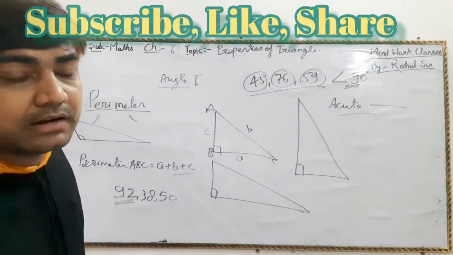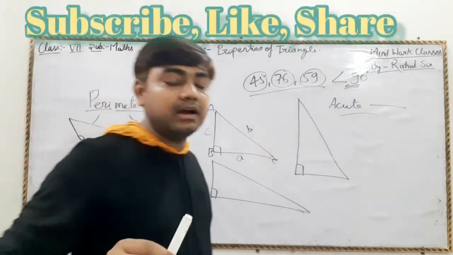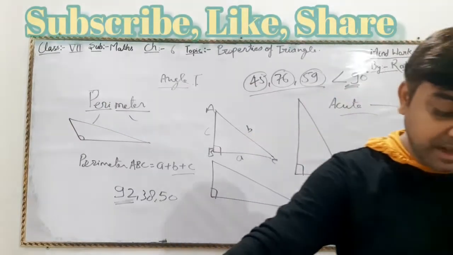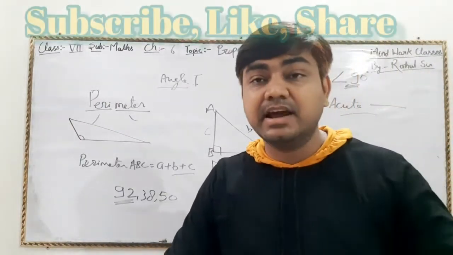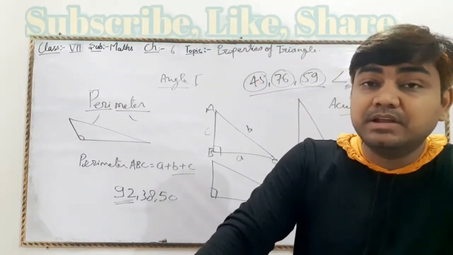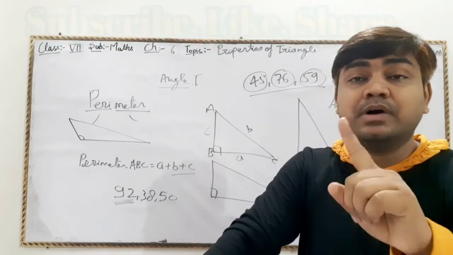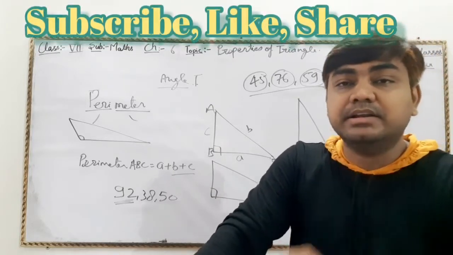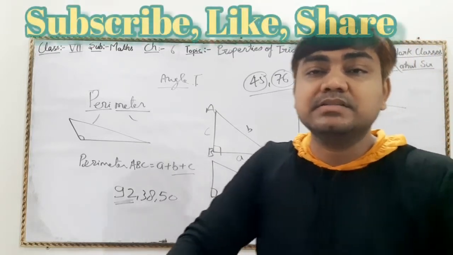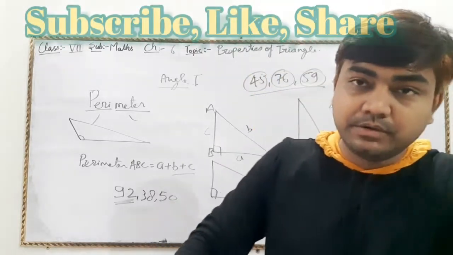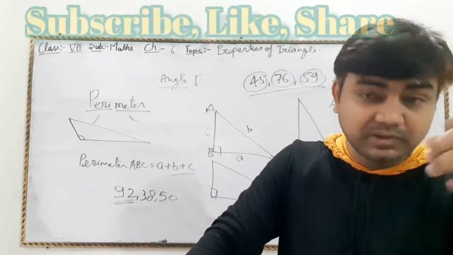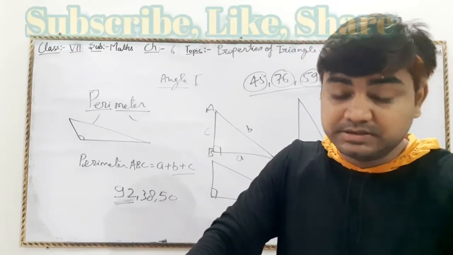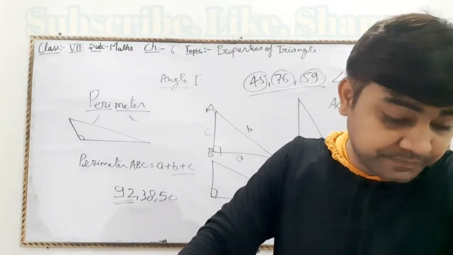So this triangle will be an obtuse angle triangle. Similarly, the third part is 60, 30, 90. We have one angle of 90 degrees, so this is a right angled triangle. Now we understand all these things and we can solve question number 3.